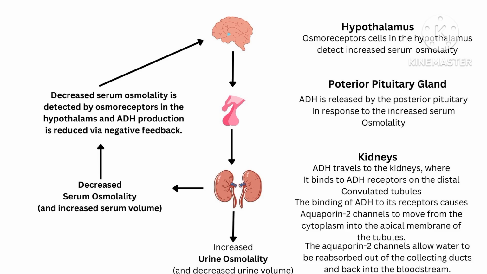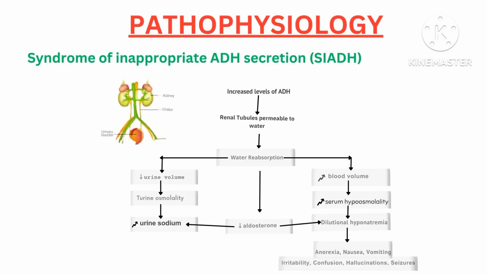ADH serves a primary function to increase solute-free water reabsorption in the nephrons, less water excretion, to bring down body fluid hypertonicity. This is induced by the insertion of water channels, aquaporin 2, on the apical membrane of the collecting duct. Pathophysiology. Fluid and electrolyte imbalance may manifest from numerous conditions or may be the underlying etiology for some disease states.